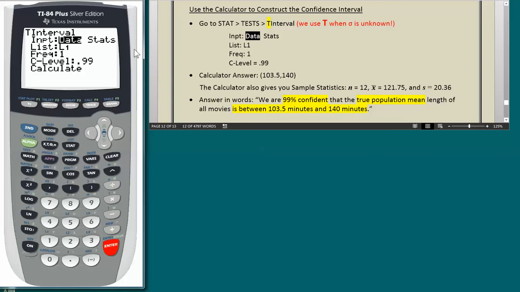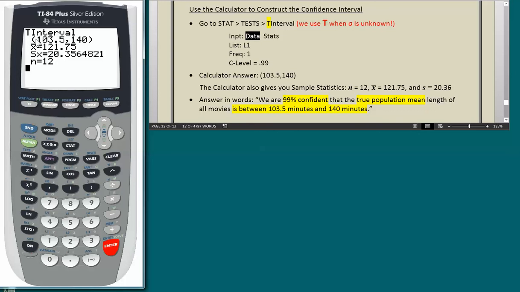The first one says list. My numbers are in list 1. You could put them in any list you want, but I put mine in list 1. So we're going to stay with list 1. The frequency is always 1. In this case, the confidence level is 0.99, so that's good just like it sits. And we're going to go down to calculate and hit enter.